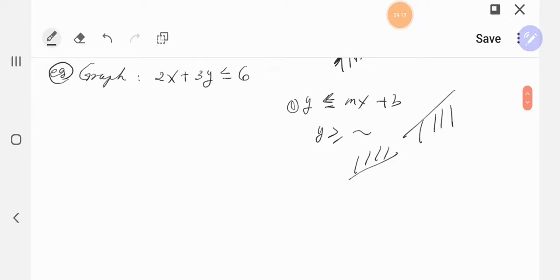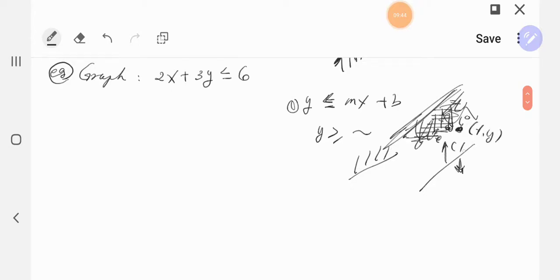But there's another piece of information to draw an inequality. The solution is either above the line or below the line. If the graph is below the line, then all the points in this shaded region must satisfy the inequality.